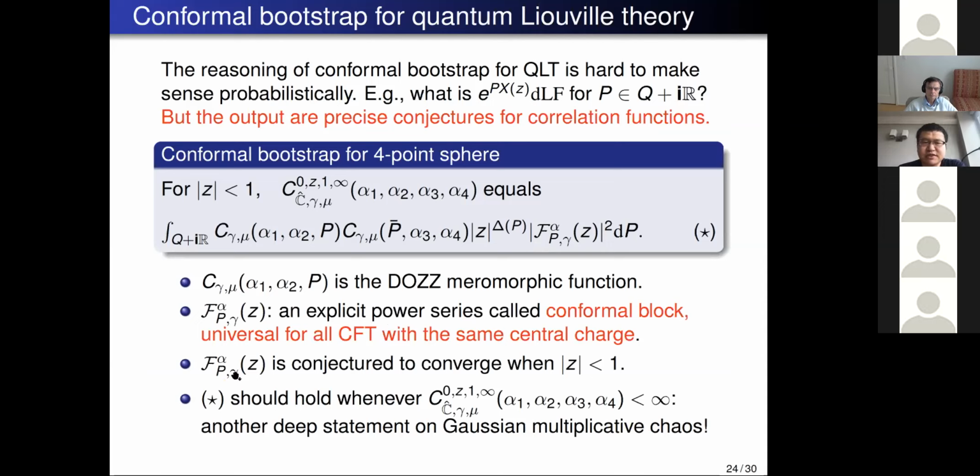This power series was conjectured to converge in the unit disk. The conjecture would be that as long as this 4-point correlation function is finite, this formula should hold. And mathematically, this is another deep statement about Gaussian multiplicative chaos.